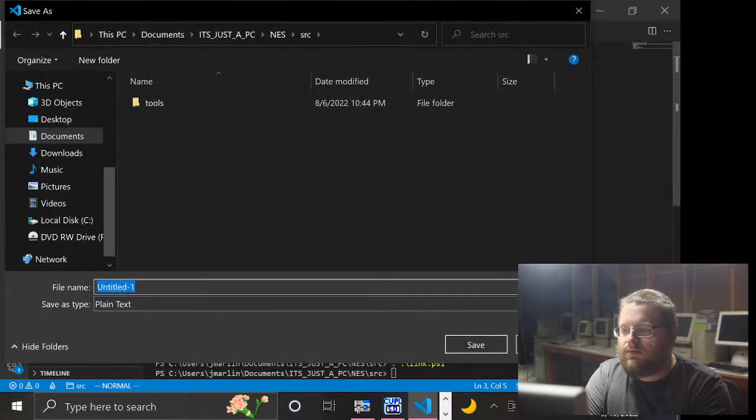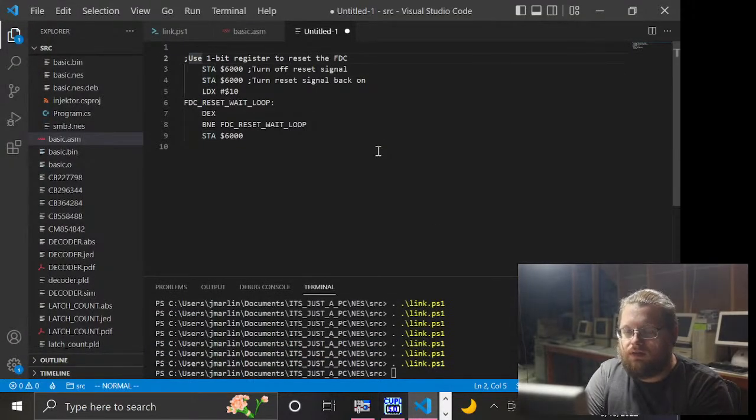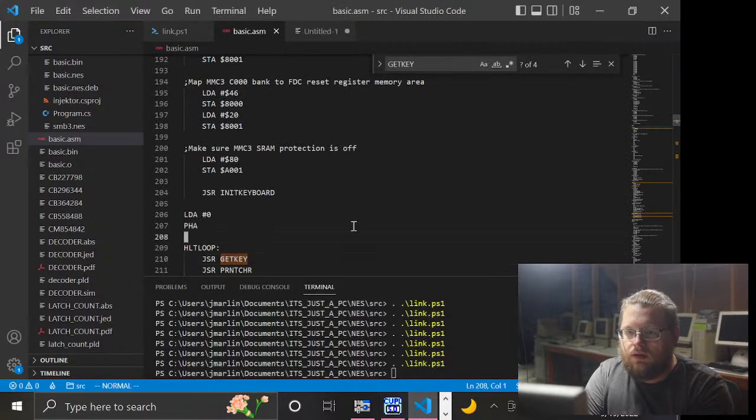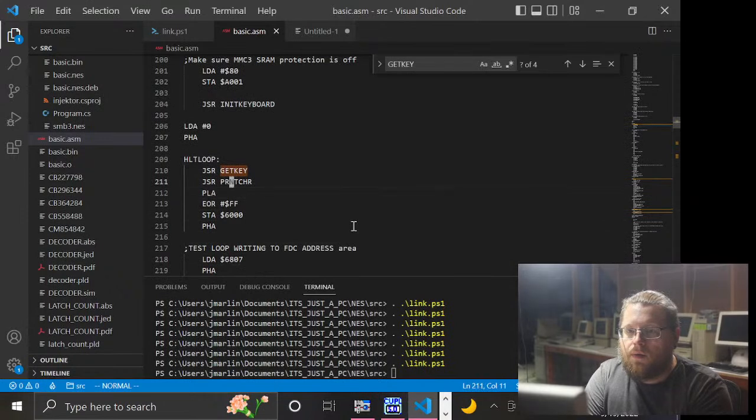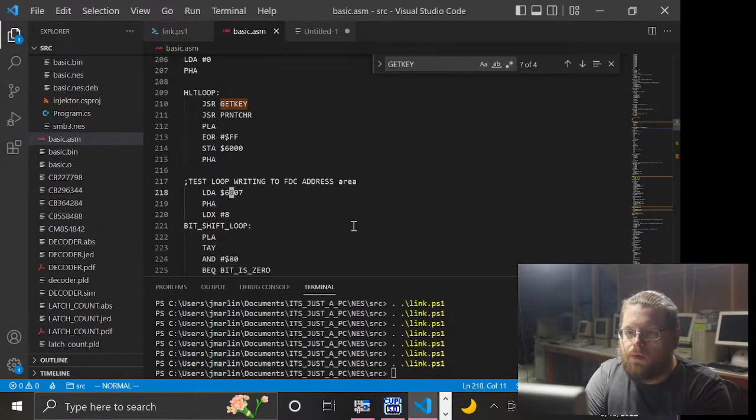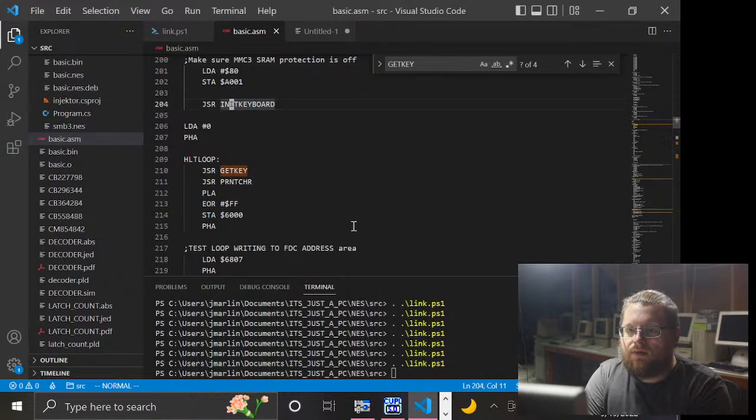So we just need to transplant this. Whoops, nope, I don't want to save that. Actually, I want to transplant it back into my other code, right after initialization.